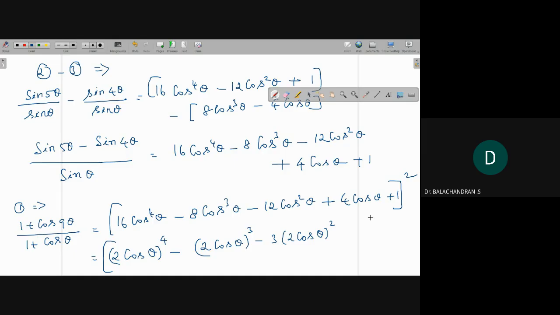And then 2 cos theta into 2 plus 1 whole square. Now this is x power 4.